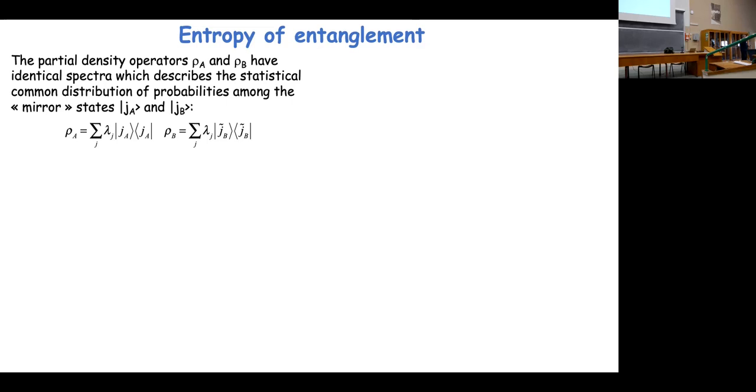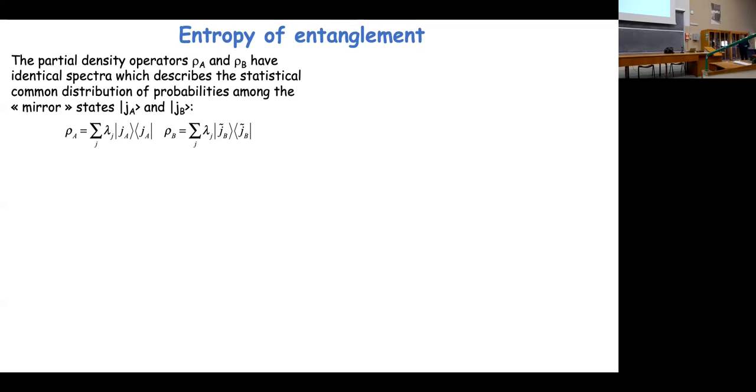The density operator is given by probabilities. The lambda j are probabilities which sum up to 1, but they can be distributed any way between the different states. So it is similar to finding out how many distributions you can have of a big number of particles between n boxes: 2 boxes if you have a spin 1/2, 3 boxes, and so on. How many ways do you have to share a set of lambda which should amount to 1 among many possible states?